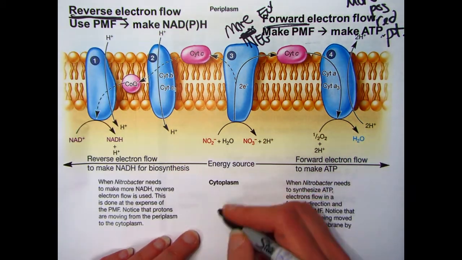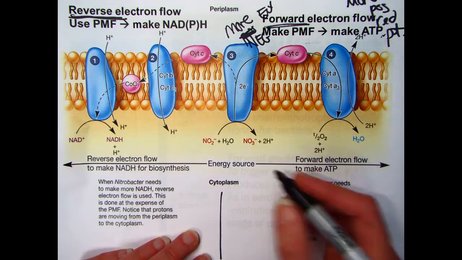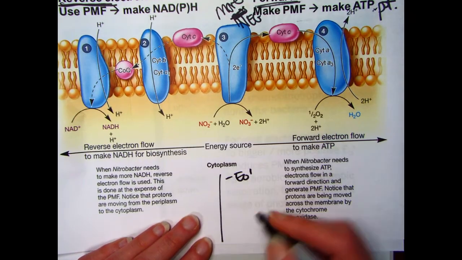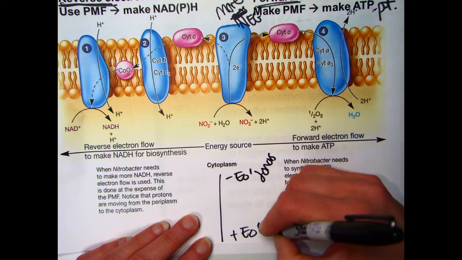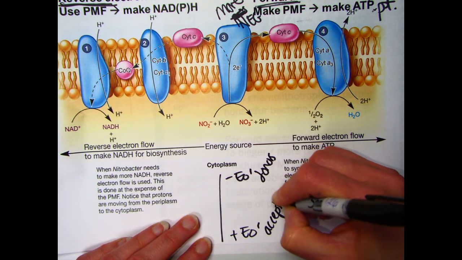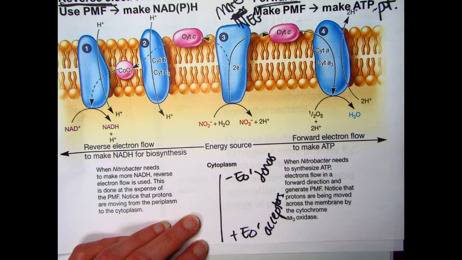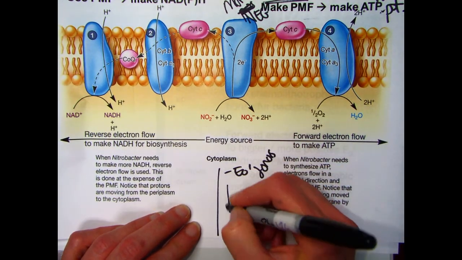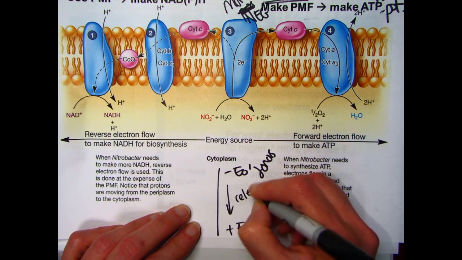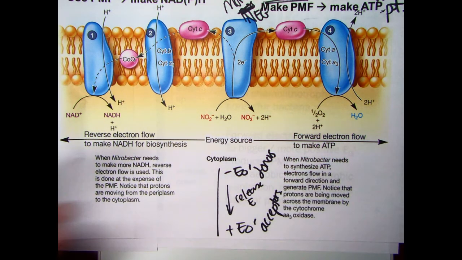This is your reduction potential chart down here: negative E naught prime, positive E naught prime. These are donors and these are acceptors, right? So forward electron transport is like this, and this releases energy, often as PMF.